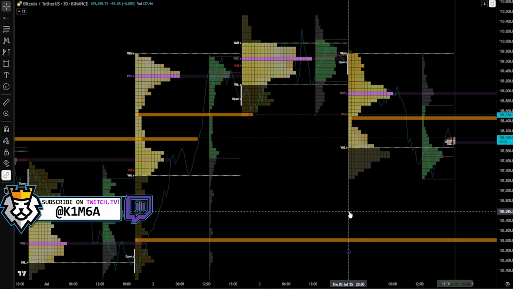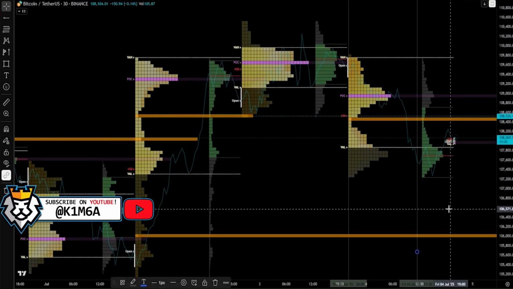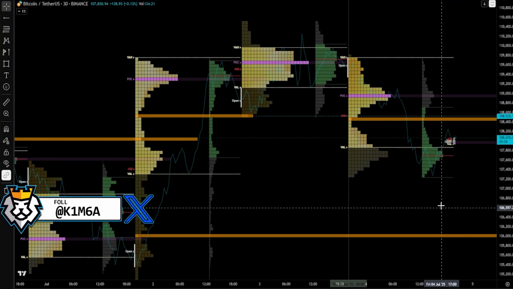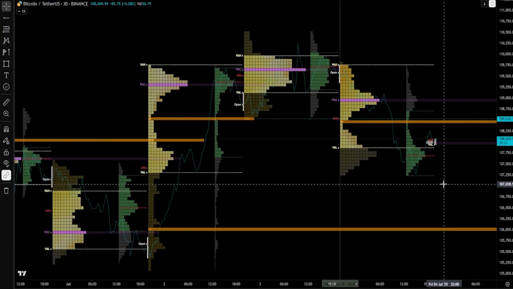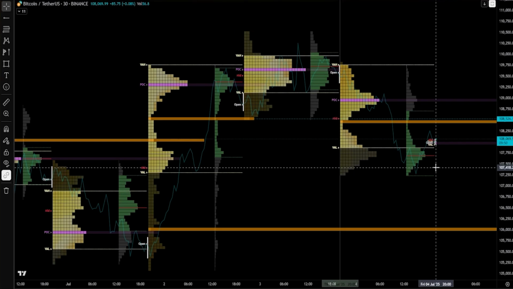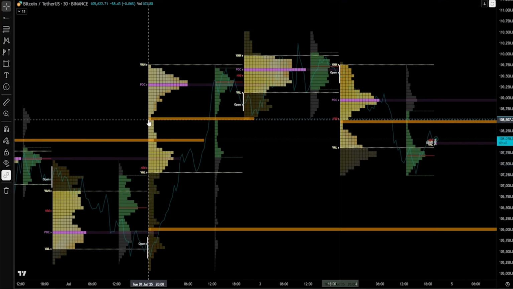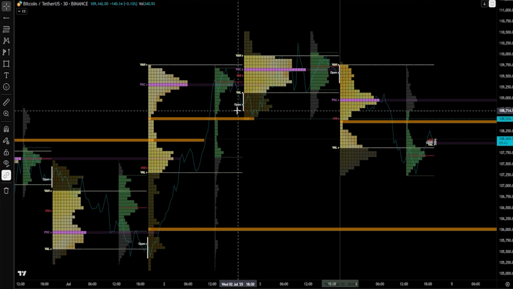Single prints, no, they're just rapid price movements. So within a daily session, if price only trades through a zone during one 30-minute period, it is a print. It forms one single TPO in the profile, and until price trades back to it, it remains.